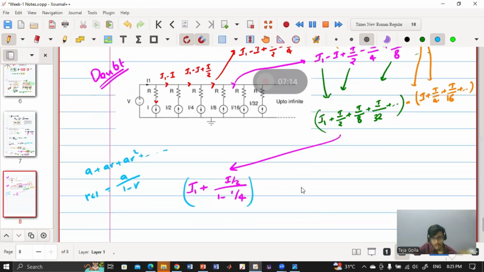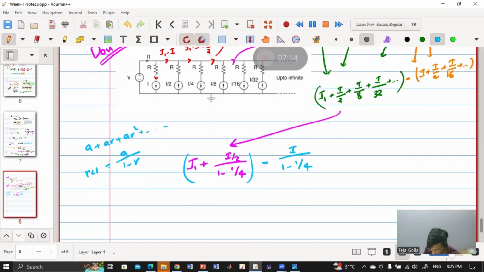Similarly, here A is I and R is 1 by 4. So I1 plus I by 2 by 3 by 4 minus I by 3 by 4.